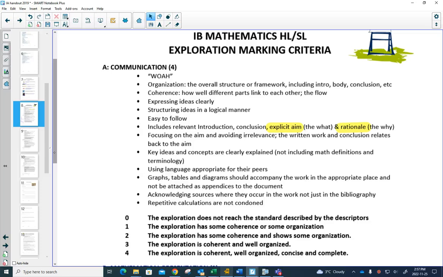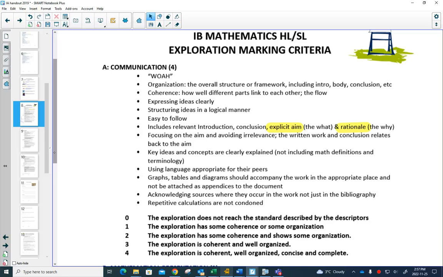In your introduction, you really say, what am I doing? Why am I doing it? The aim of this paper is this. The rationale, the reason I'm doing this, is because blah, blah, blah. Okay? Sometimes people rewrite their aim and rationale once they're done their paper. They're like, ooh, I actually didn't do what I said I was going to do. So I'm going to rewrite what I was going to do and actually say what I did. Okay?